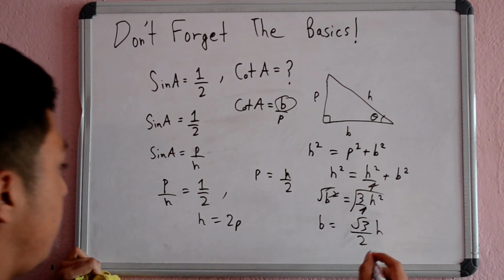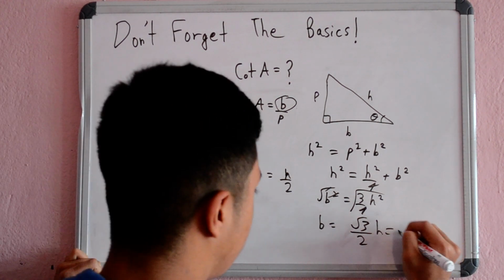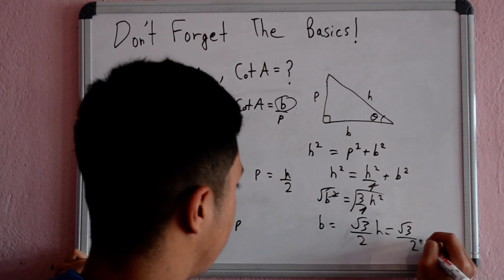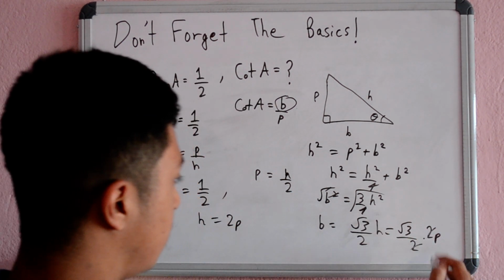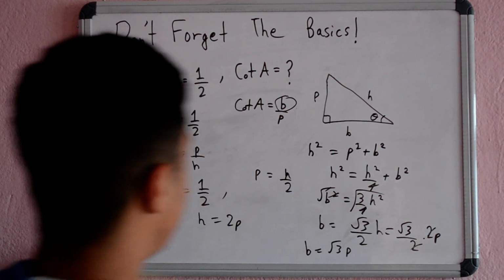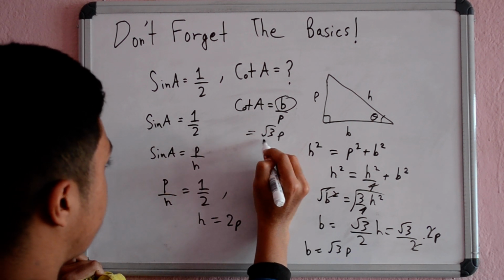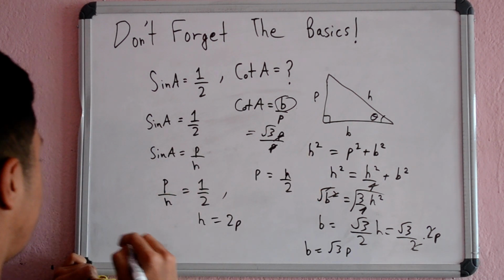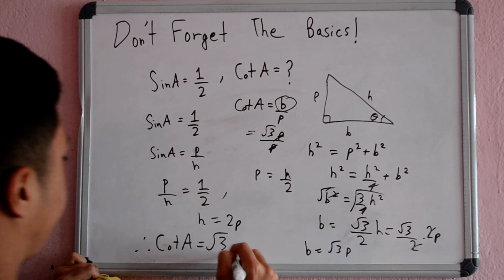So finally, what we have is square root of 3 by 2 into 2P, because hypotenuse is twice perpendicular, so base is equal to square root of 3 P. And put that here, square root of 3 P by P, P cancels. Therefore, cot A is equal to square root of 3.